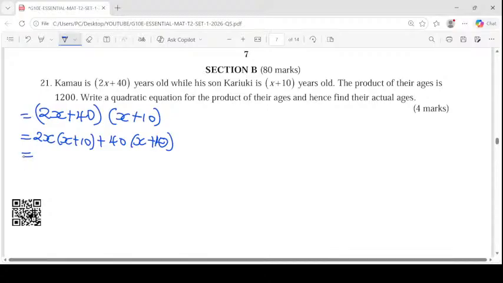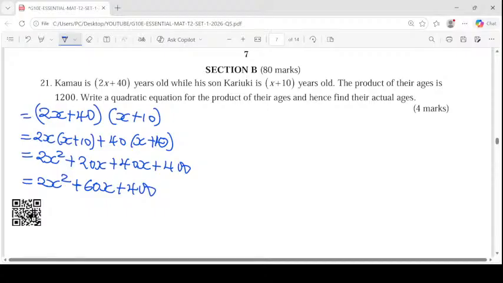So this will become 2x squared plus 20x plus 40x plus 400. So this evaluates to 2x squared plus 60x plus 400. That is the product of their ages.